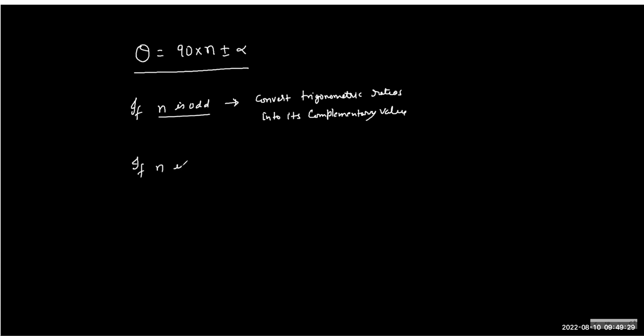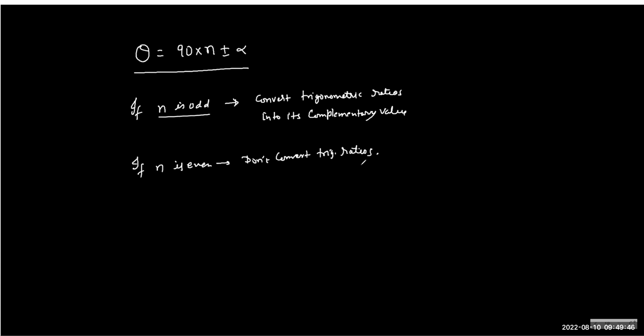If n is even, don't convert the trig ratio. That's it. Very simple.